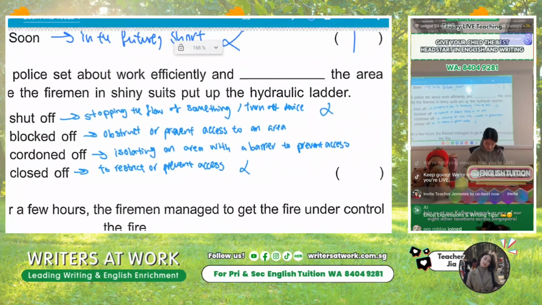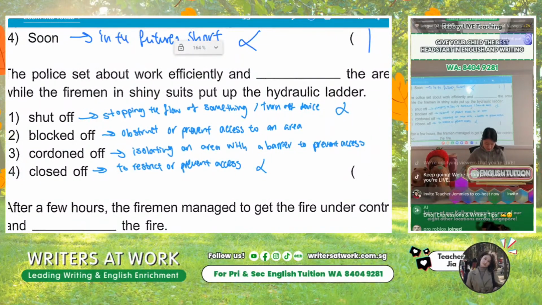Okay, now let's zoom into these two words, blocked off and condoned off. The main difference is that condoned off is a more official term, in the sense that it has that formal tone and would more likely talk about something with authority. So you can block off something without authority. I can block out the date.